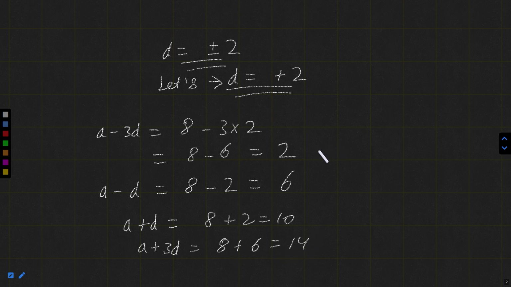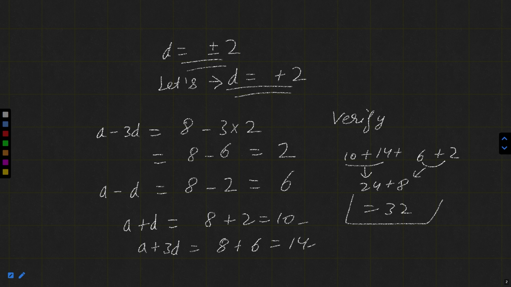So adding all of these, let me verify, adding all of these terms must give my answer. Clear? So 10 plus 14 plus 6 plus 2 is 24, plus 8 is 32.